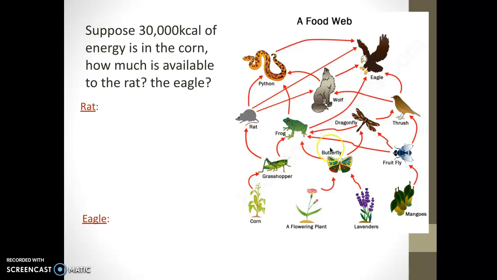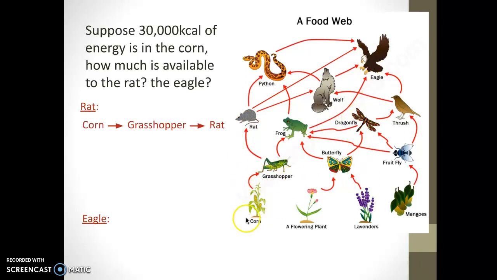Well, if you look at this food web over here, the rat is found here to the left, and the eagle is found way up here towards the top on the right. Well, if there's 30,000 kilocalories of energy in corn, so here's our primary producer down here, how much of that energy that is contained within that corn is going to be given to the rat or to the eagle?